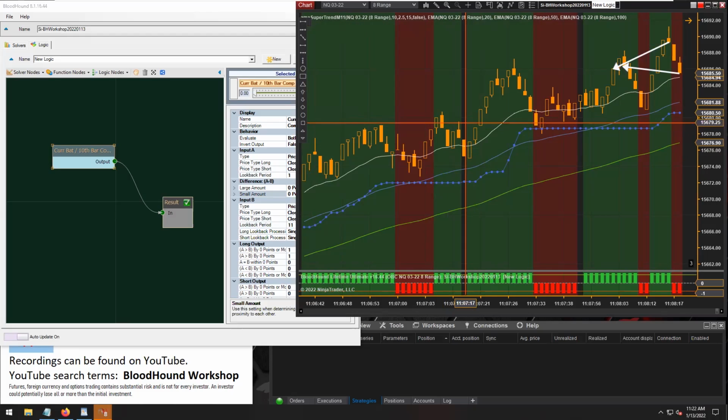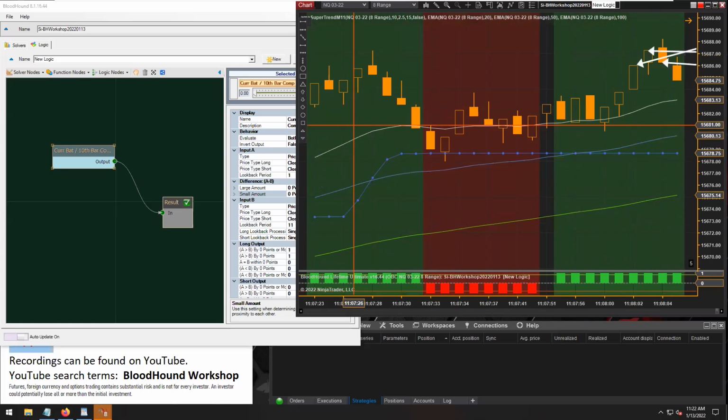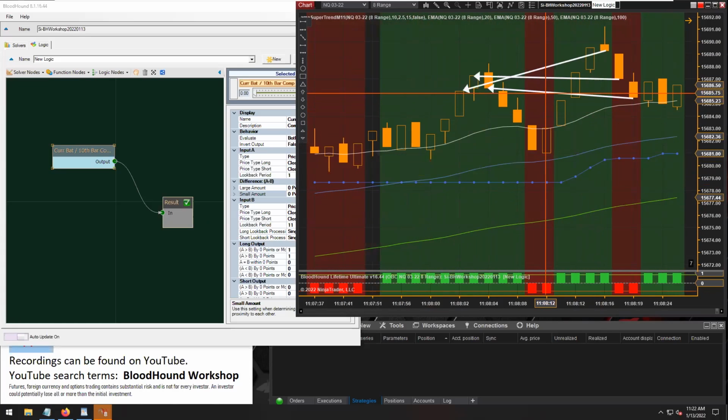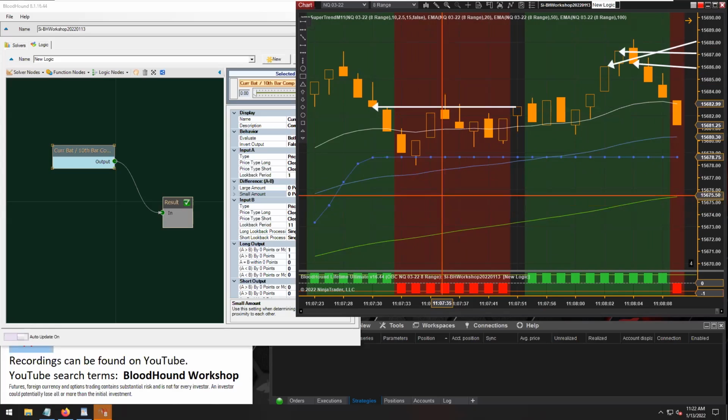If there's no output, then that tells you that the closing prices equal each other. So if we go back to this, there we have it. Those closing prices equal each other.